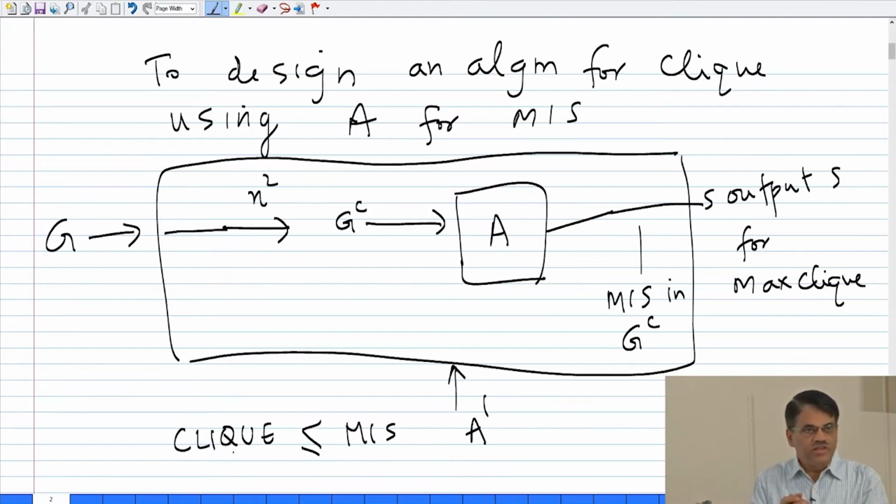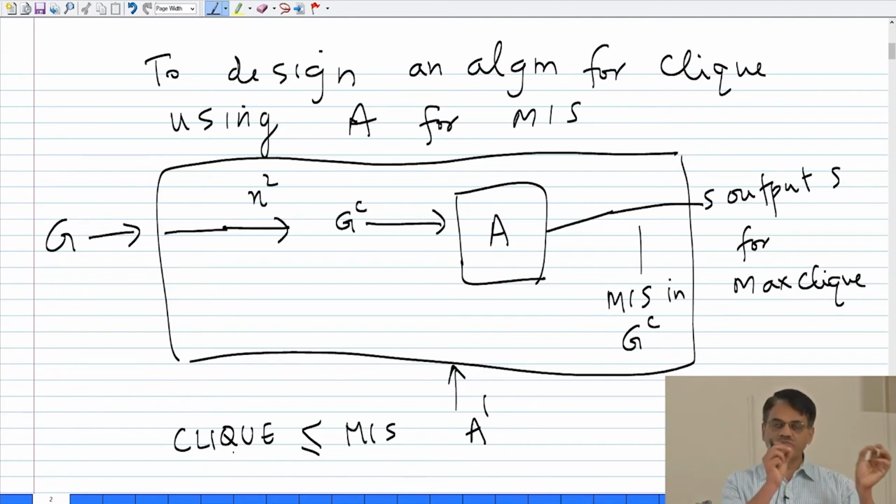This is not new, we have seen this. Where have you seen this? We have used network flows to solve a maximum collection of edge disjoint paths, right. Here you have a graph in which you want to find a maximum collection of edge disjoint paths between S and T, you want to design an algorithm for it. What did we do?